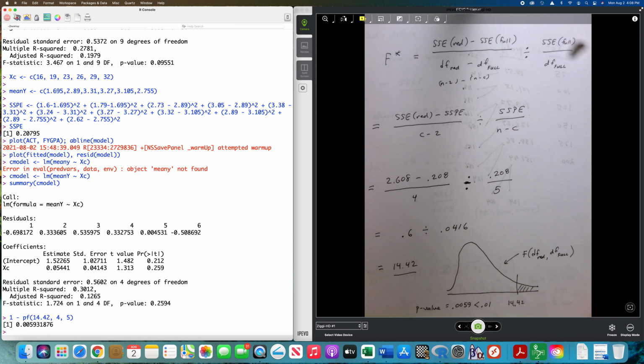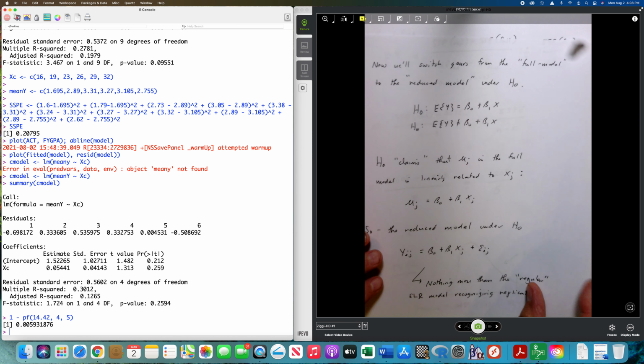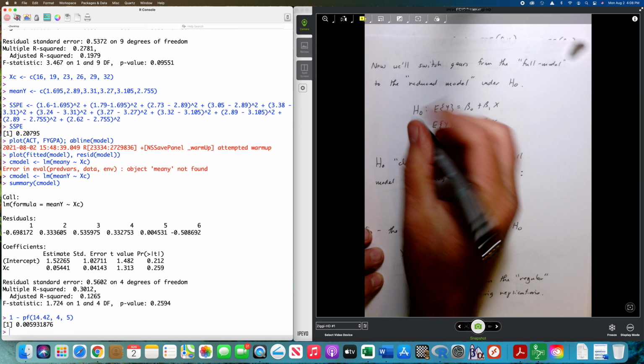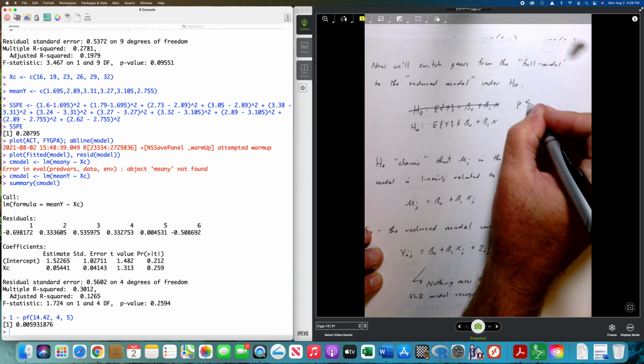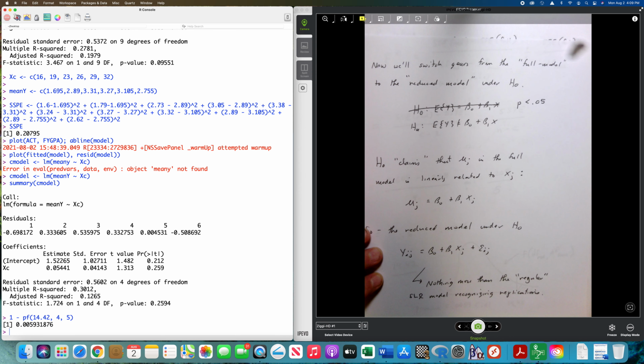So let me go back into my notes here, and hopefully find the null hypothesis. Yeah, here we go. So what we would do is we would reject the null because our p-value is less than 0.05.